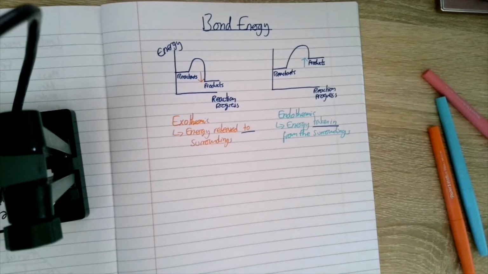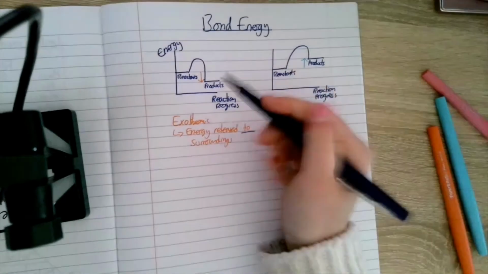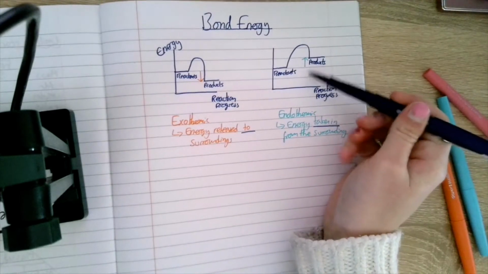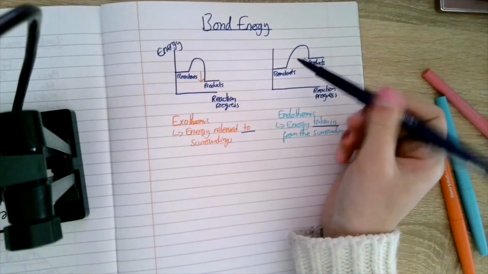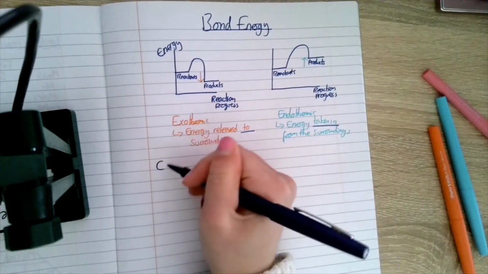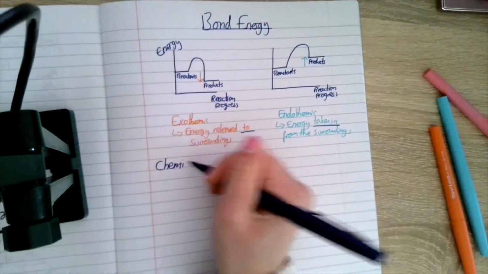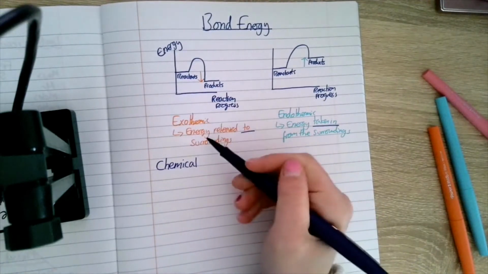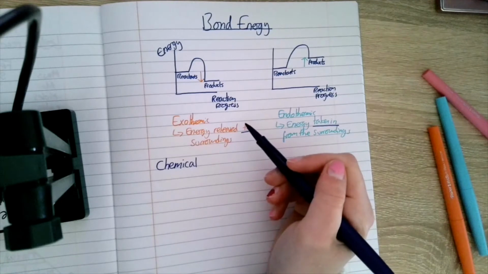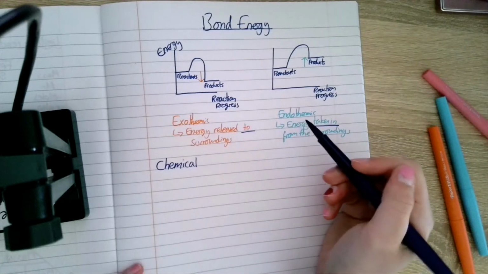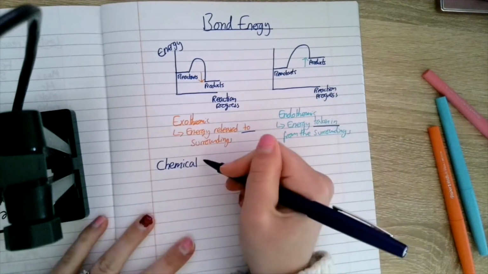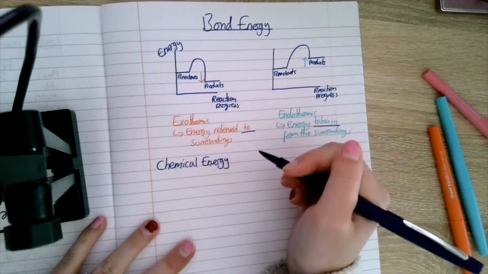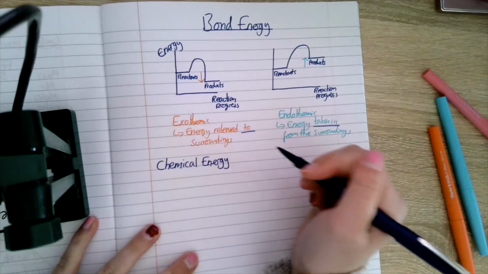And here we have differences between our reactants and products energy. But here we're talking about chemical energy. So when we were talking about our exothermic and endothermic reactions, we were talking about thermal energy being released to the surroundings and thermal energy taken in from the surroundings. But our reactants and products, they are both stores of chemical energy.